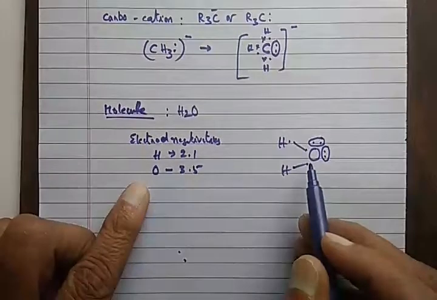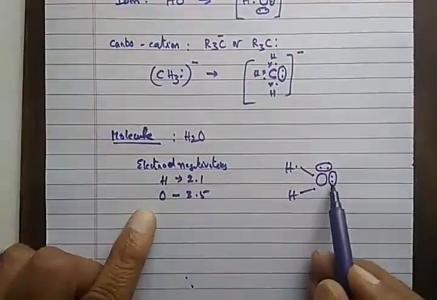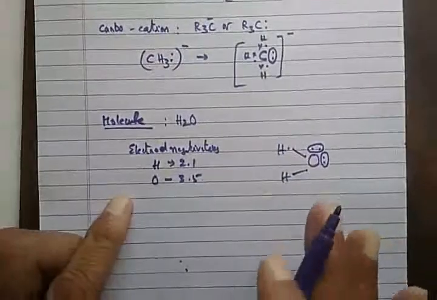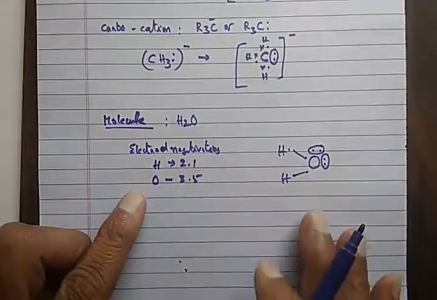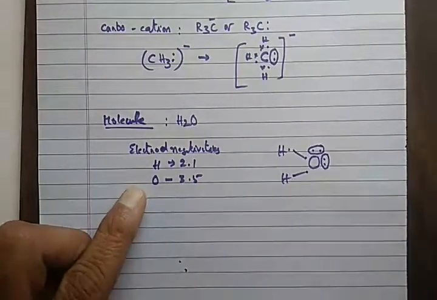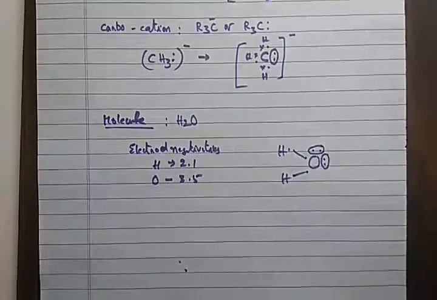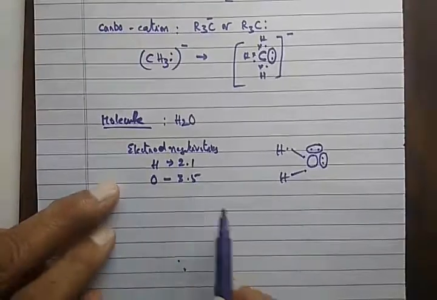This can be categorized as a nucleophile because it has lone pairs, but there is no negative charge on it, though it will have a partial negative charge. You know, the water molecule has a dipole. Why a dipole? For this reason only. Hydrogen electronegativity is 2.1, oxygen electronegativity is 3.5.